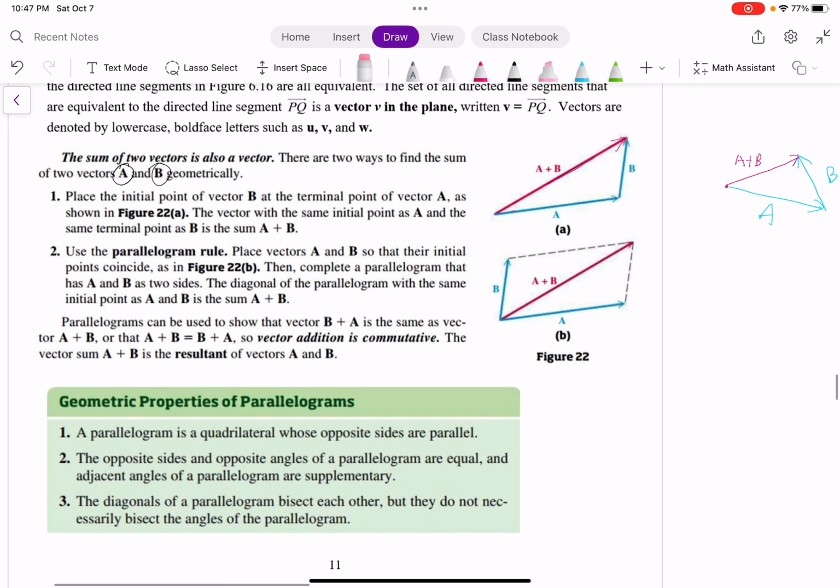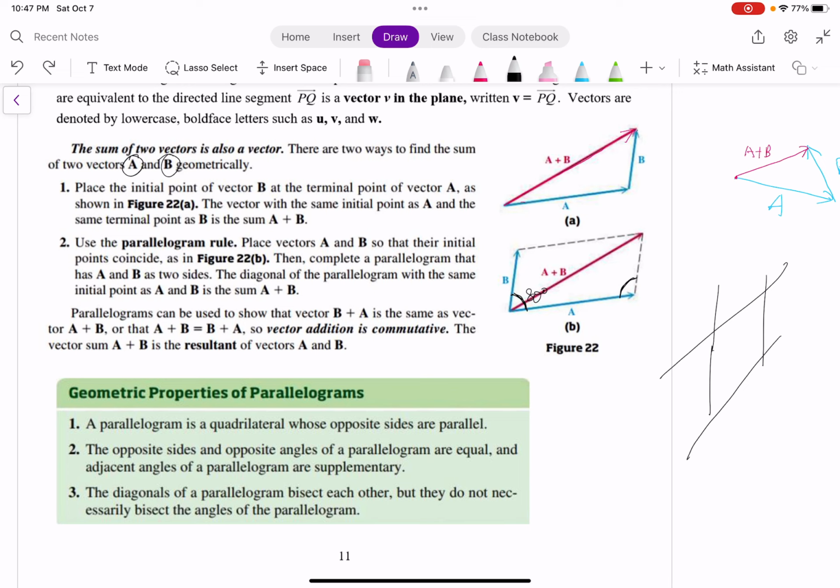We have learned that if we have two parallel lines and a line goes through them, then these two angles, the sum equals 180 degrees.